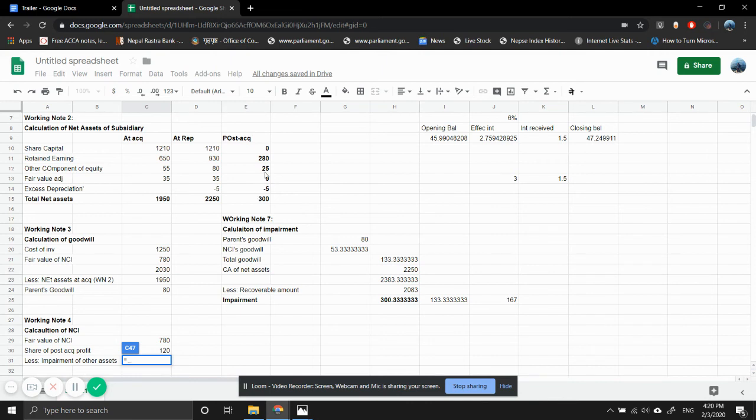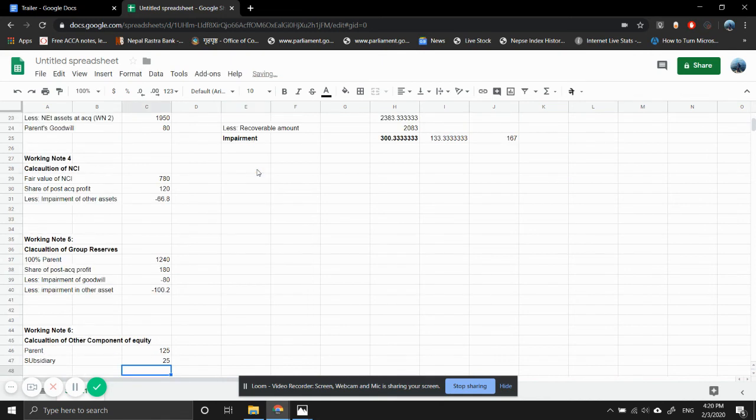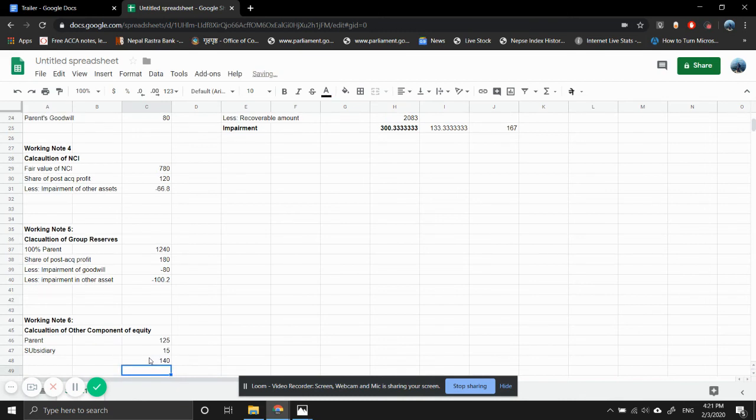It will be basically this figure. Okay, this 25, no, 25 into our share only. Okay, so that is 60%, right? Before 15, right? So our other component of equity will be this plus this figure.